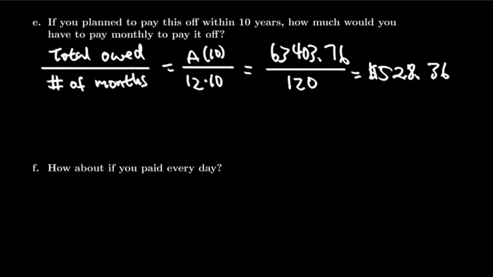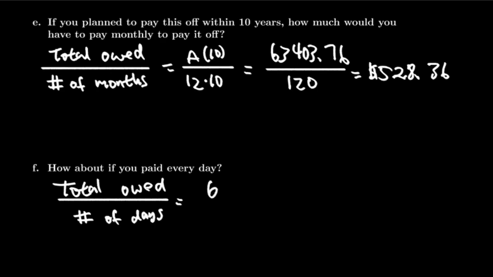So what if you wanted to pay every day? I don't think that's realistic. I don't think anything actually allows you to do that. Actually, maybe. Who knows? You can always ask your loan people if you ever do loans for college and whatever. So what if you wanted to pay every day? So you can think of it as total owed, and instead of dividing it by number of months, since we're doing this daily, we're going to do number of days.